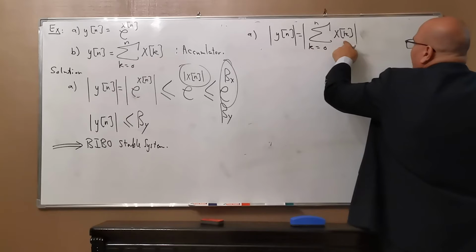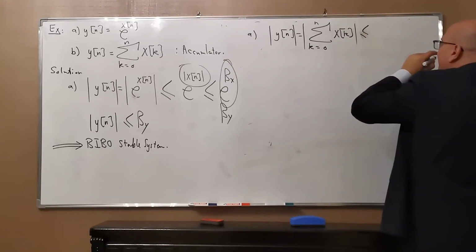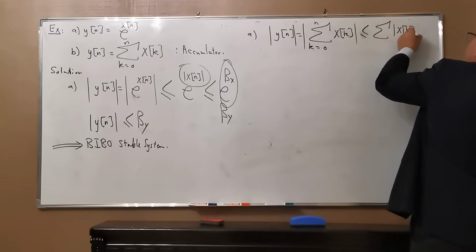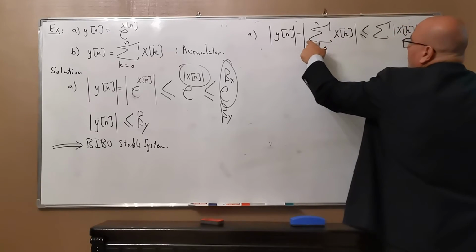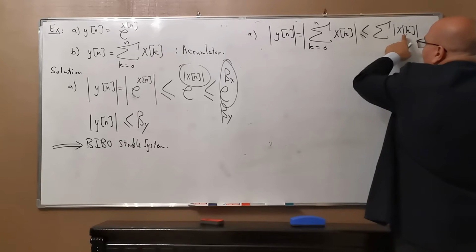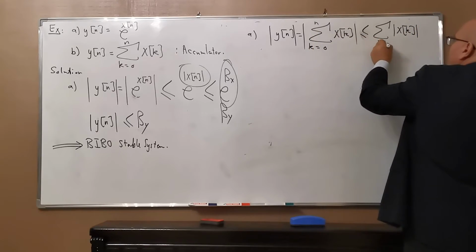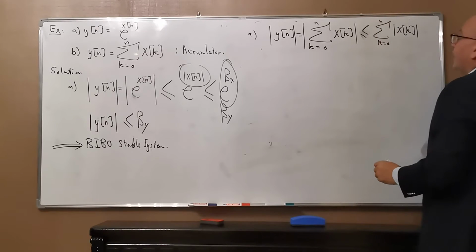If you take the absolute value inside, then this will definitely be greater than the sum. The sum of absolutes is definitely greater than the absolute of the sum from k equals 0 to n.